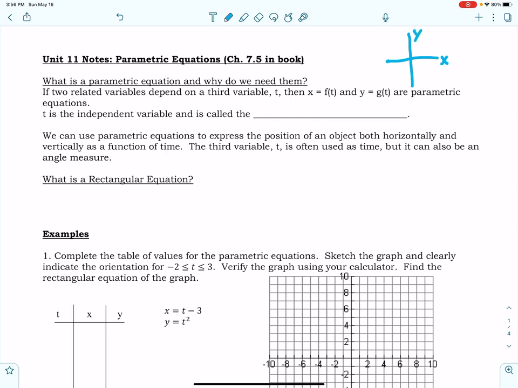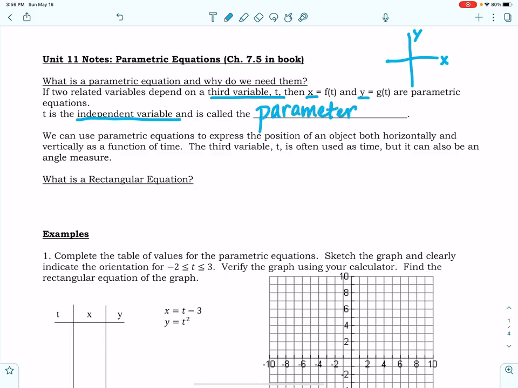But now, with parametric equations, we take two related values, x and y, and we write those as a function of a third variable, and we use the letter t to indicate that. And now t becomes the independent variable, and it is called the parameter.